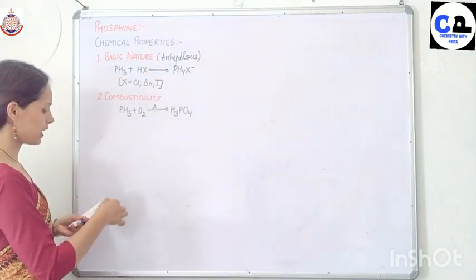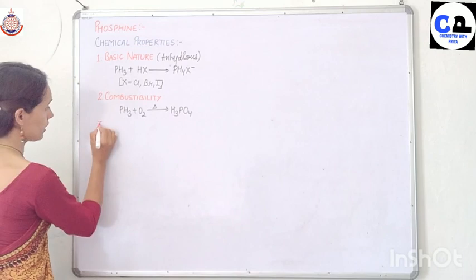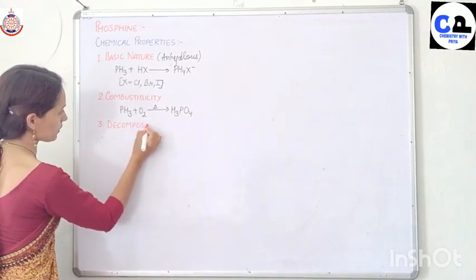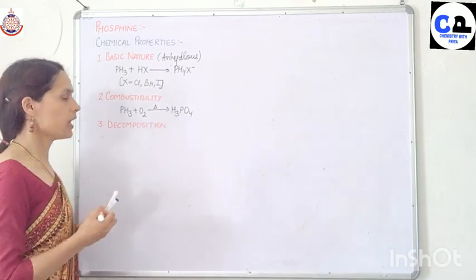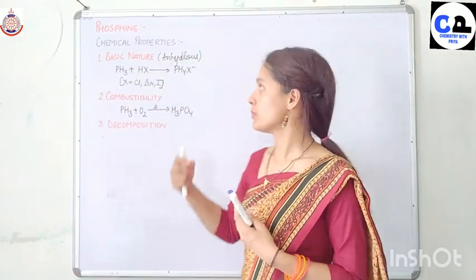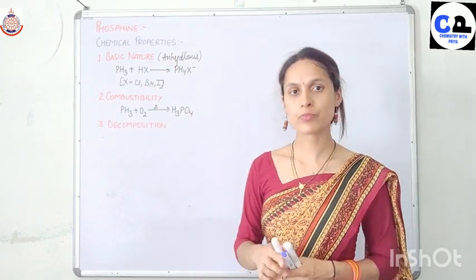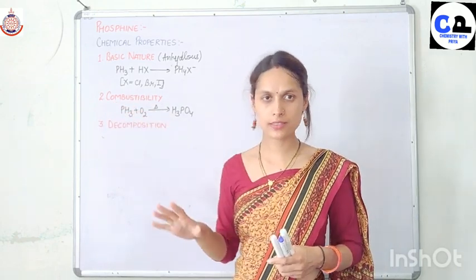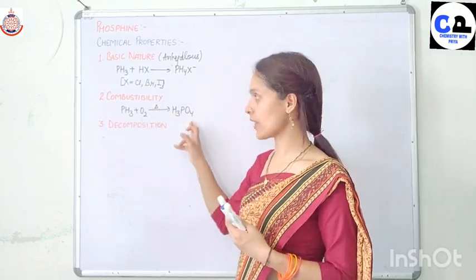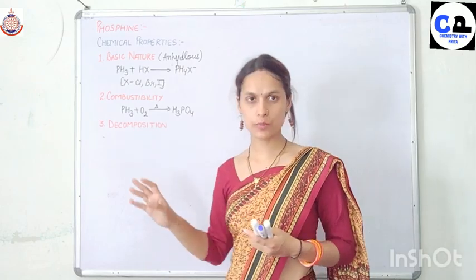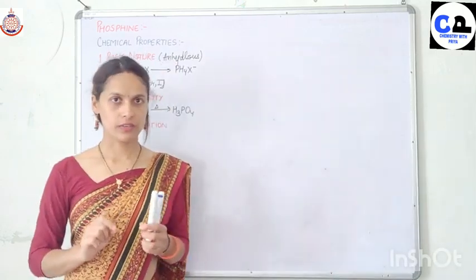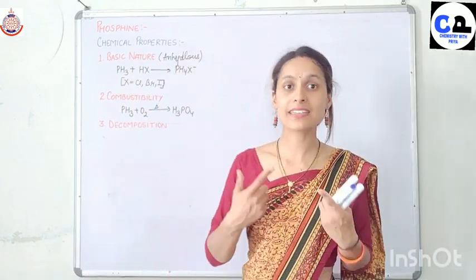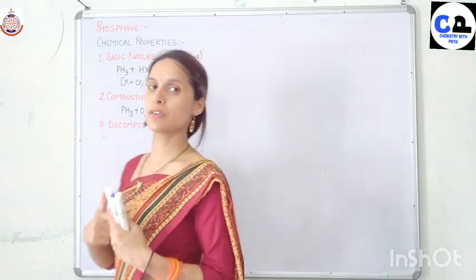Now next, third, the decomposition process. In combustibility we have studied that at room temperature it is stable, but on heating it catches fire. If we talk about the decomposition, in the absence of air, if we heat the phosphine at 713 Kelvin, it gives P4 and H2.